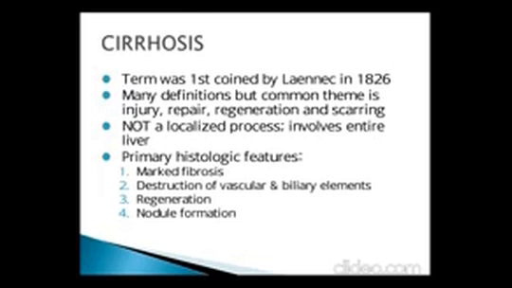The primary histological features, what do you basically see here in a cirrhotic liver? Marked fibrosis, important points. Destruction of vascular and biliary elements. So after marked fibrosis, the destruction, then there is regeneration, regenerative nodule formations.